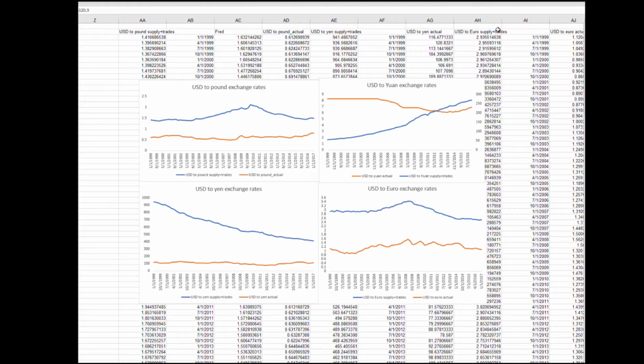First, I look at the implied exchange rate from the M3 money supply and global currency exchange trade weights. The other trend I look at is the actual exchange rate that's observed in the market today.